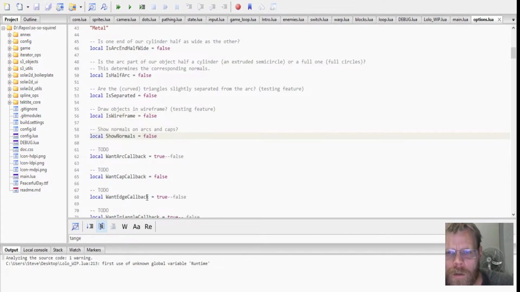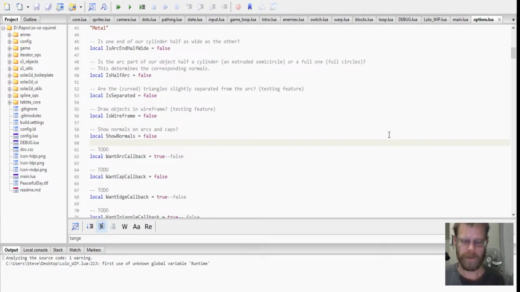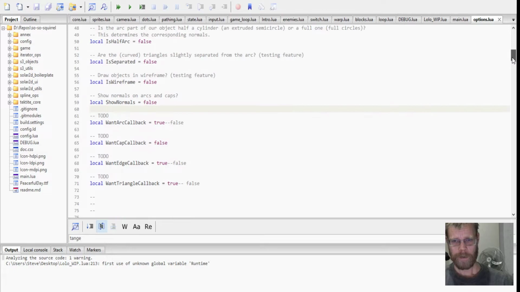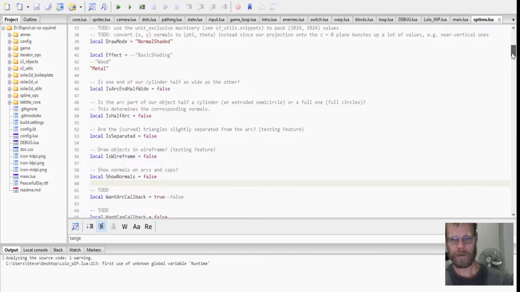A few of these I showed. Oh, the callbacks that I should be showing here. What are they used for? You can do things like disturbing the normals and the positions as you're generating the geometry. So that's what these callbacks are for.